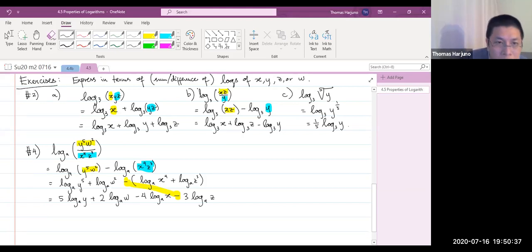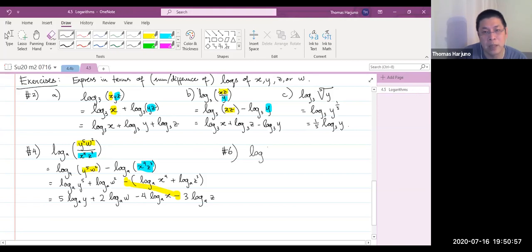Now we will come back to this example later on, but let's do one more, number 6. And then we will learn to summarize and do those in one step. Okay, number 6, let me do it next door. So consider this like a warming up. Log base 10, because I don't give us the base, square root of y over x to the 4th cube root of z.